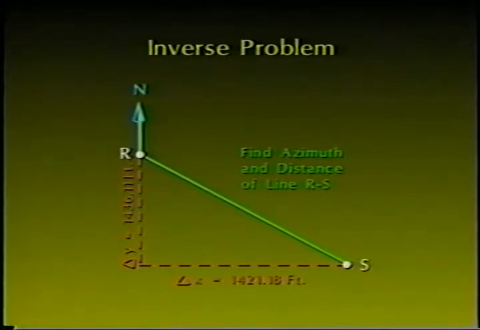Therefore, 1,421.18 feet divided by negative 1,436.11 feet equals arctangent 0.989604 equals 134 degrees, 42 minutes, and 2 seconds azimuth.